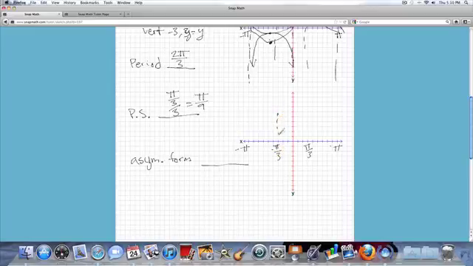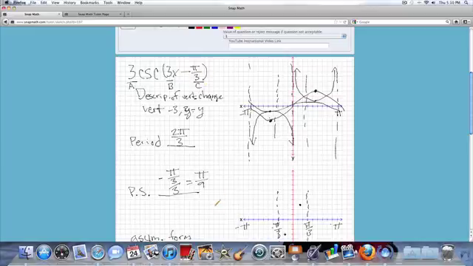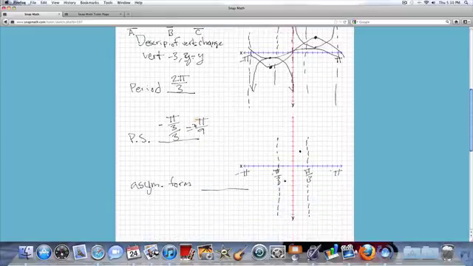Here's an asymptote right here, and since what we said before, the vertices will be at 3. The thing I forgot to say was that we're going to shift it. This was a negative pi over 3, so our shift is going to be to the left.